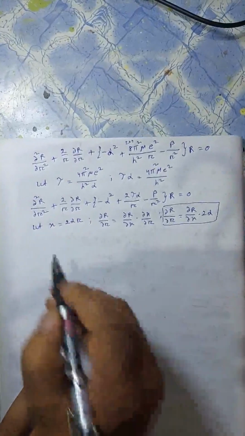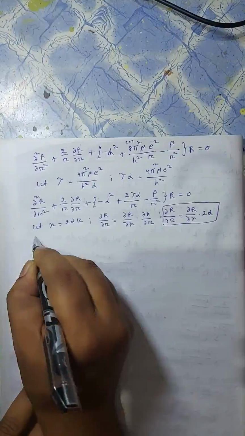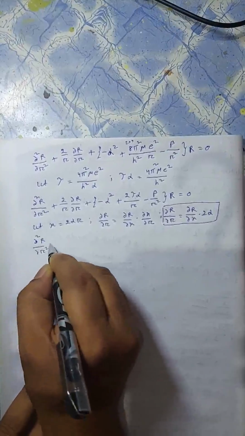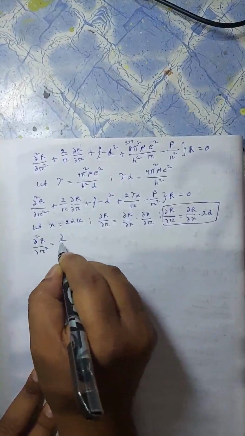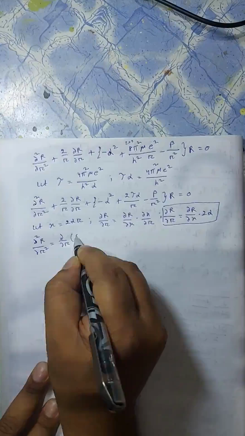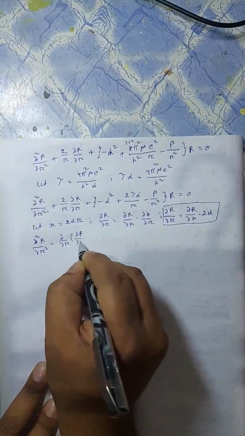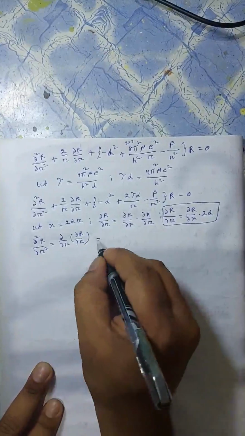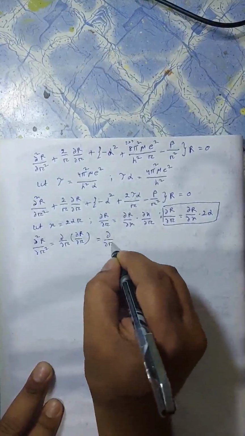We have to take the second derivative of it. The second derivative, ∂²R/∂r², is equal to ∂/∂r into ∂R/∂r, which is equal to this one. This value I know, ∂/∂r.